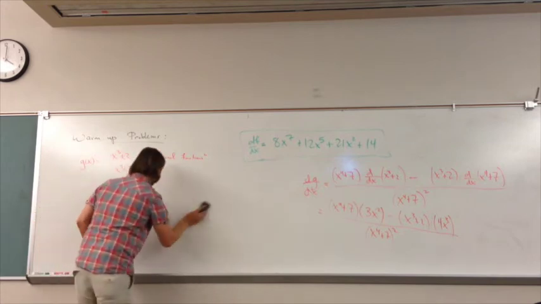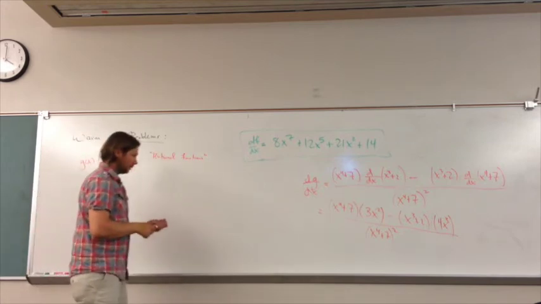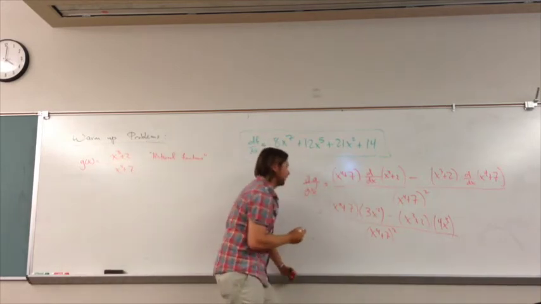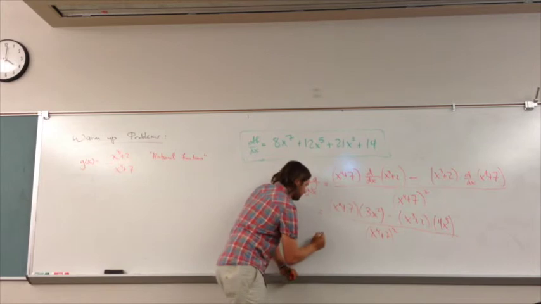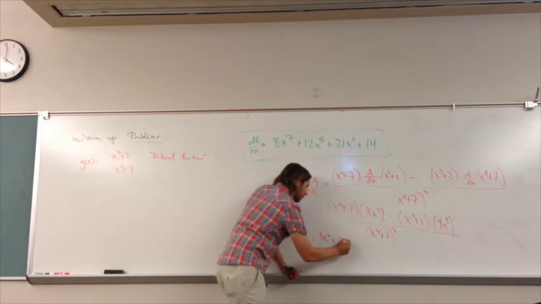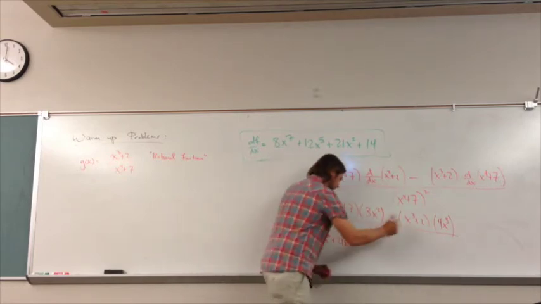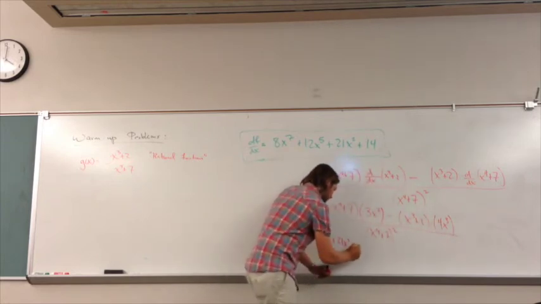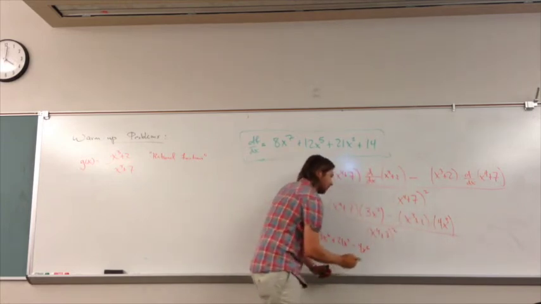Distribute. Okay. So, I think you can put it down here. So 3x squared times x to the fourth is 3x to the sixth. And then 3x squared times 7 is 21x squared. And then I'm going to subtract off 4x cubed times x cubed, which is 4x to the sixth.